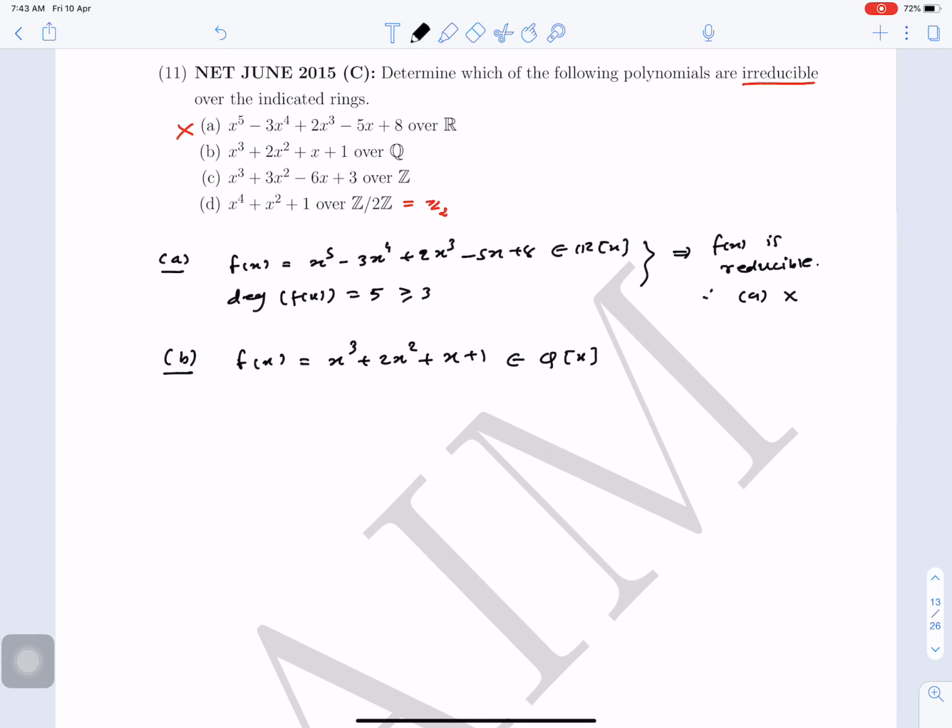So f(x) is reducible over Q if and only if f(x) has a 0 in Q. So suppose f(x) is reducible over Q, implies f(x) has 0 in Q, because degree of f(x) is equal to 3.